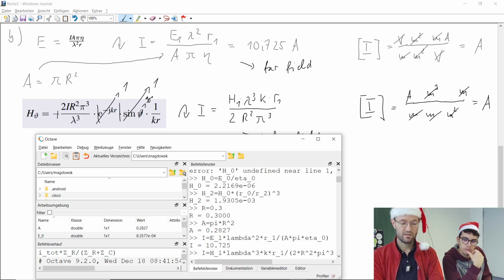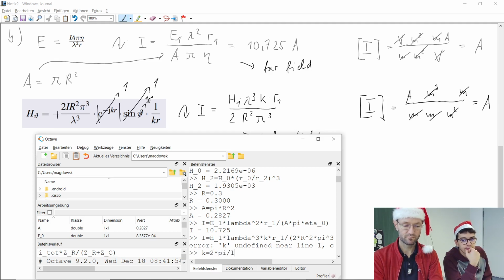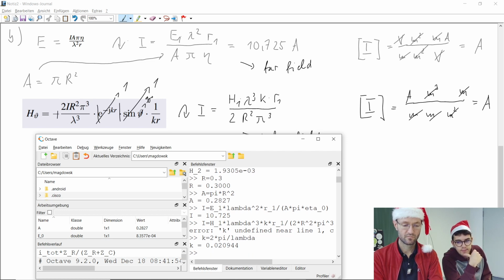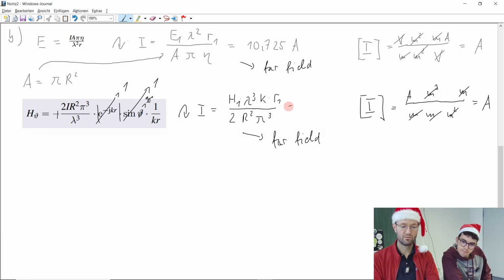Okay, and now we probably get some error message. K is undefined, so k is 2p divided by lambda. And so now it should work, and we get the very same value of 10.725 ampere, which perfectly makes sense.